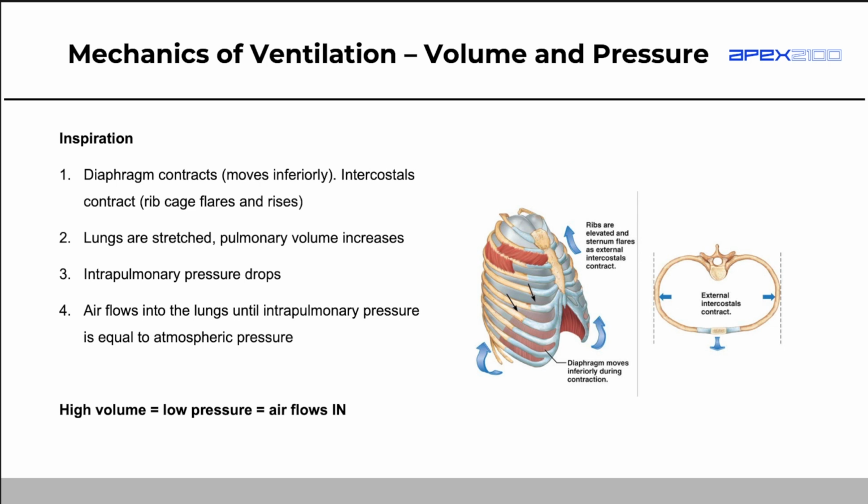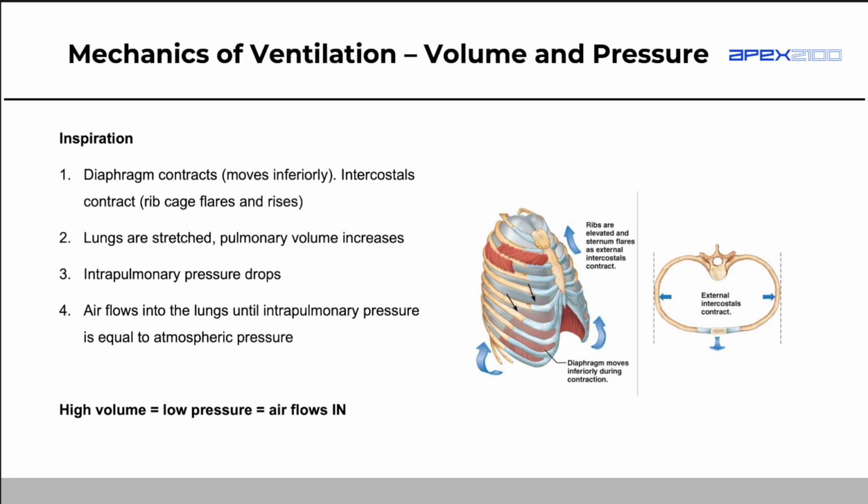So pulmonary volume increases. When the volume of the lungs increases, it means the pressure inside the actual lungs drops. So we're increasing the size of the lungs, making the pressure within there drop. Now the pressure is going to drop below the pressure of the actual atmosphere. And what that means is that the high air pressure in the atmosphere is going to come running into the lungs to sort of equalize with the low air pressure that I've just created in the lungs.